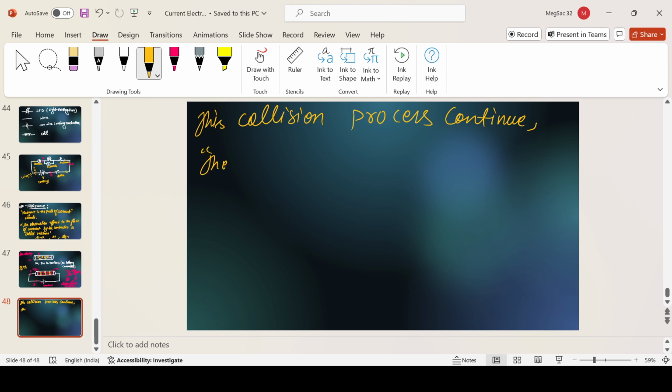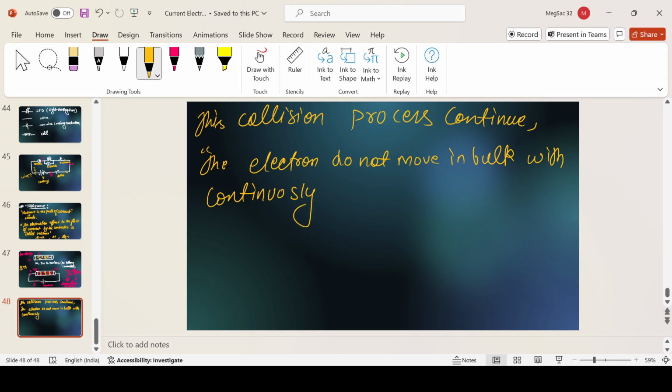Now the electron do not move in bulk with continuously increasing speed. ठीक है, एक सेकेंड, continuously spelling is wrong.